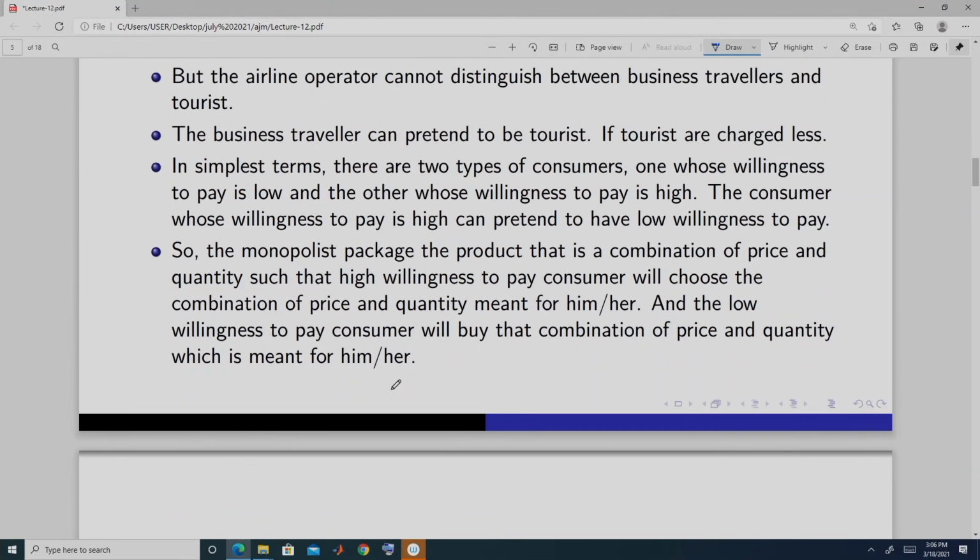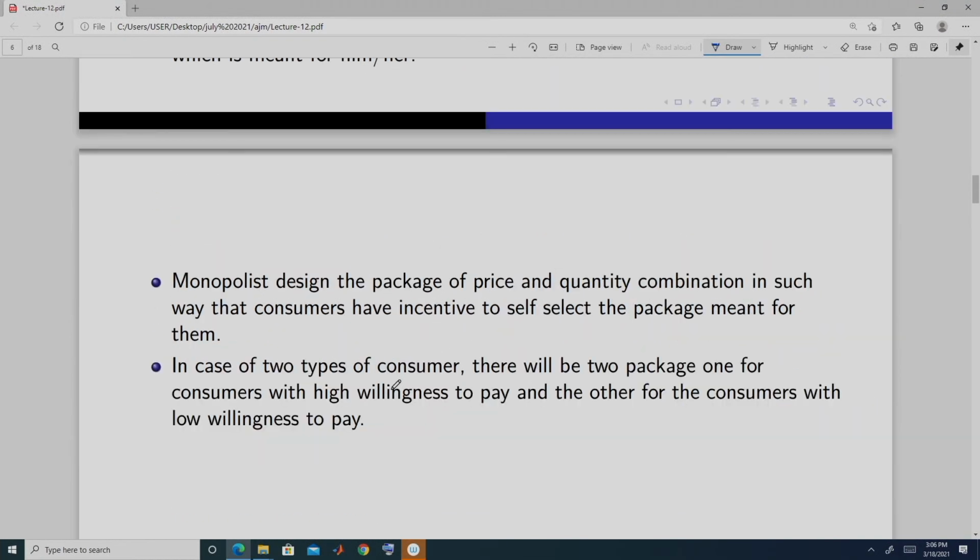This criterion is called the self-selection method. Monopolists design the package of price and quantity combination in such a way that consumers have an incentive to select the package meant for them.